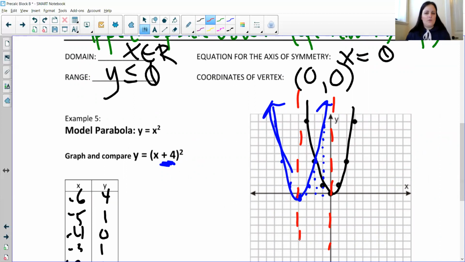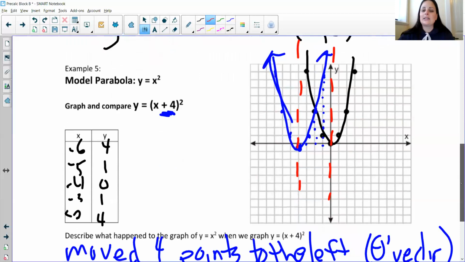And I don't know if you've noticed it yet, but the axis of symmetry always goes through the vertex. And the axis of symmetry is always x equaling something. So if the axis of symmetry always goes through the vertex, that means the axis of symmetry is always x equaling whatever the x coordinate of the vertex is.